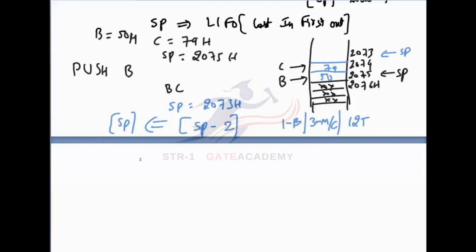Because one is the opcode fetching operation, then memory write, 2 times memory write. Opcode fetch is 6, memory writing is 3 plus 3. The push operation takes 12 T states here.